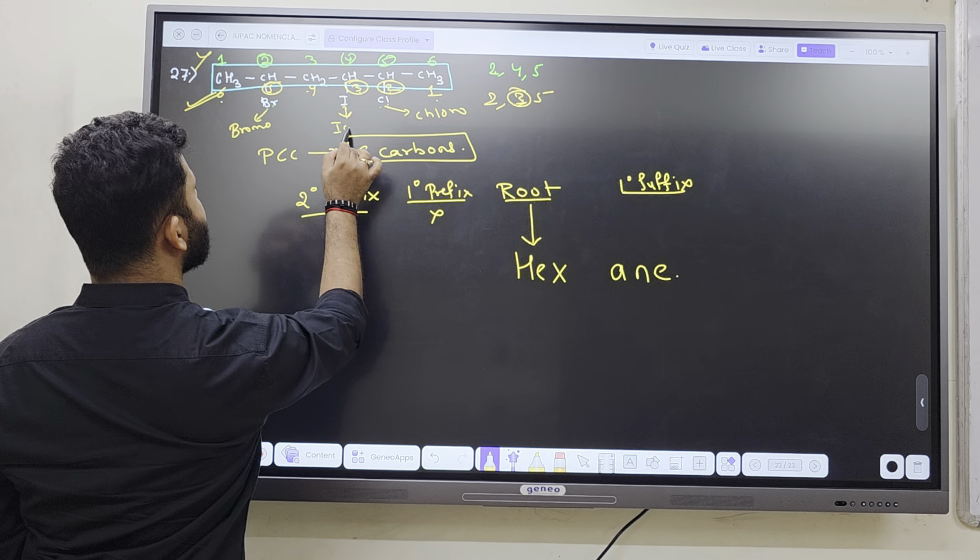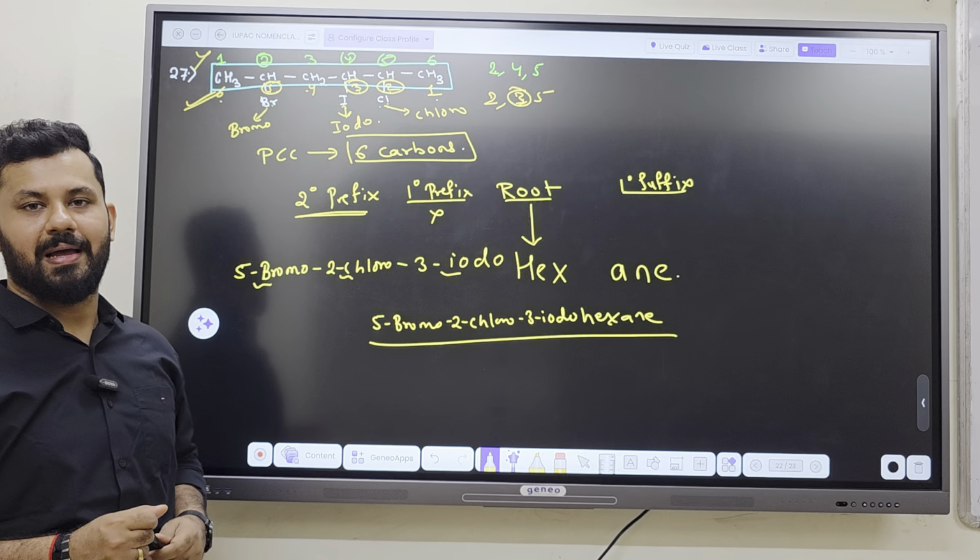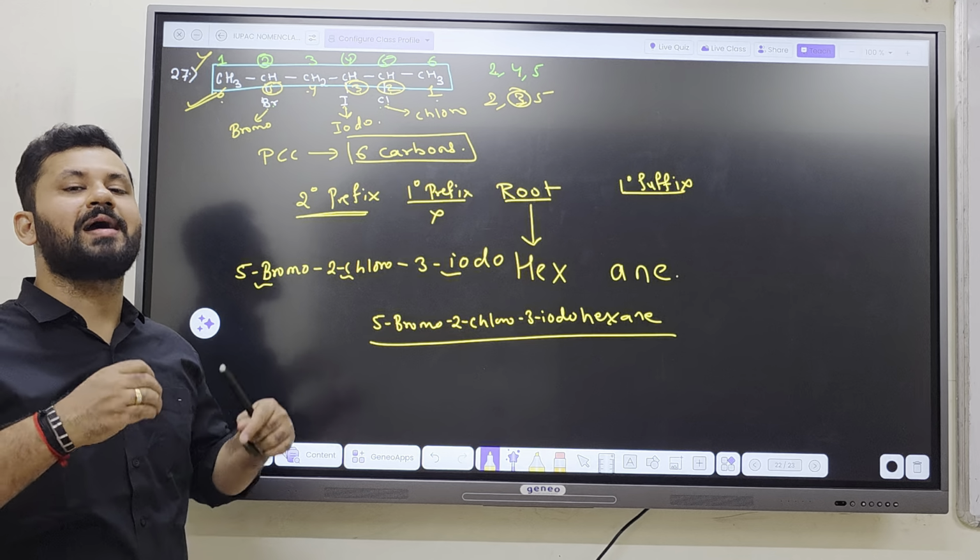In our next class, we will learn more examples as to how to finally write the name. Basically, I have broken the entire complex rules into simple 2 rules: selecting the PCC, numbering the PCC.